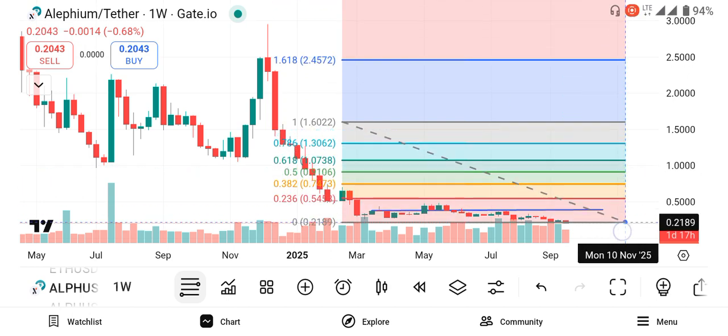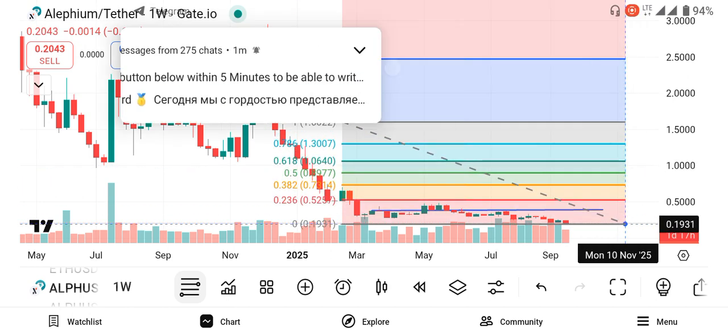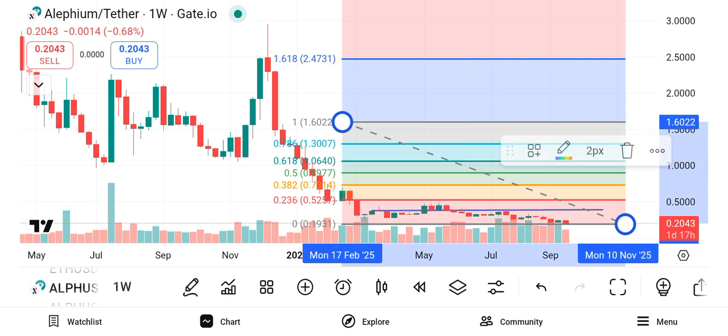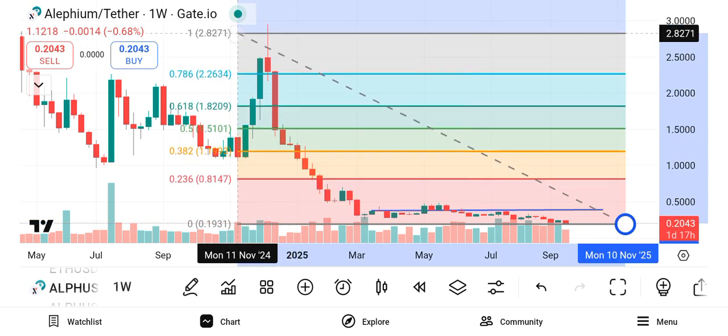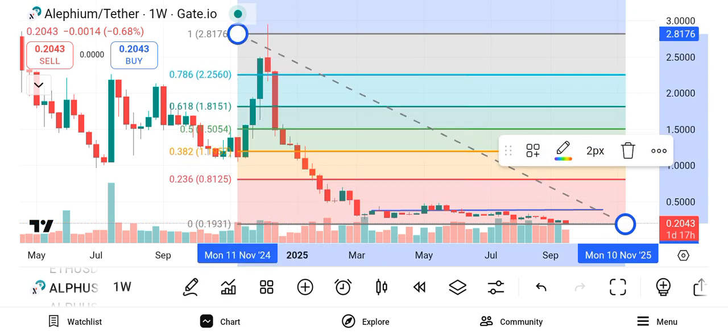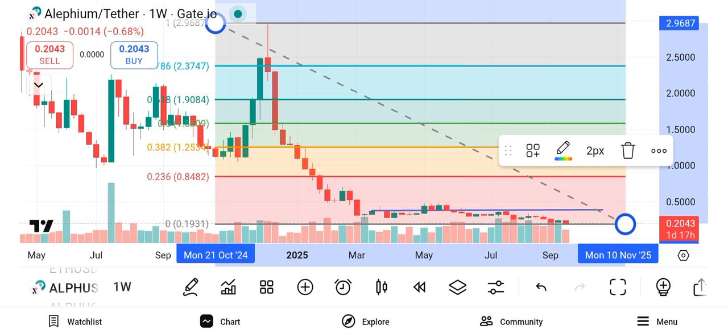So if we pull out our Fibonacci retracement here, pull out another fib here. On the weekly chart using Fibonacci retracement, we expect the price at 61.8% to reverse to $1.9, and at 78.6%, we expect the price to reverse to $2.4.